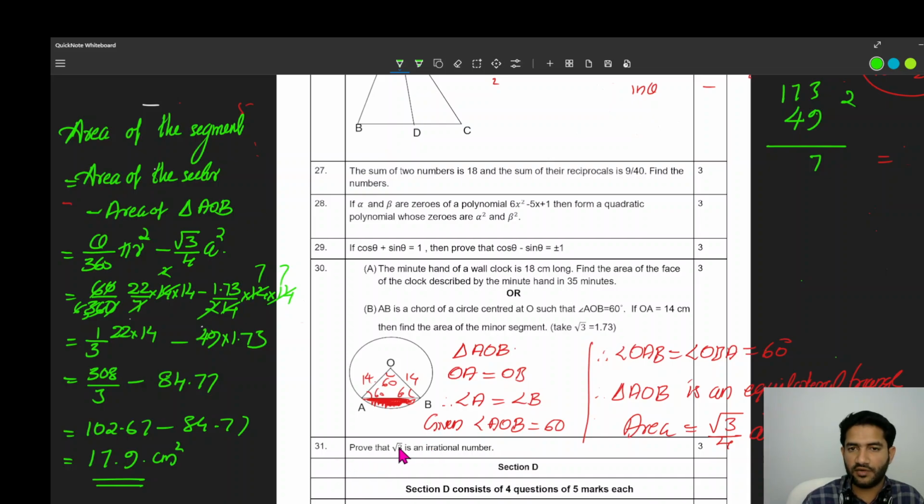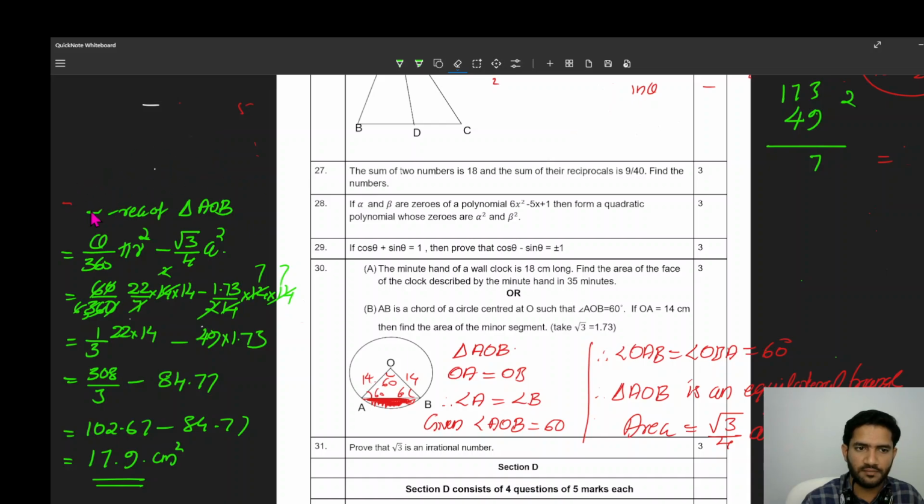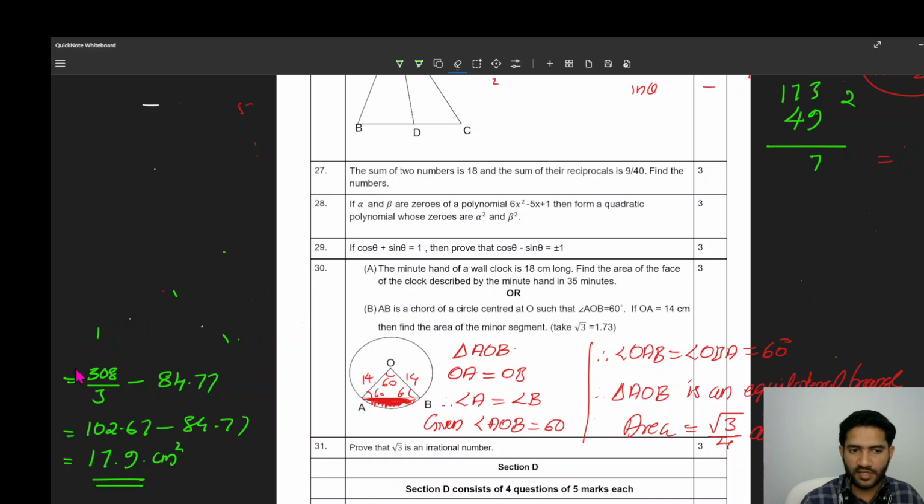Prove that root 3 is an irrational number. We don't need to solve anything, because the same method is used for any question related to root 3. If you want to show that a number is irrational, we follow the same method in every question. First of all, we assume the number is not irrational, that is, a contradiction.